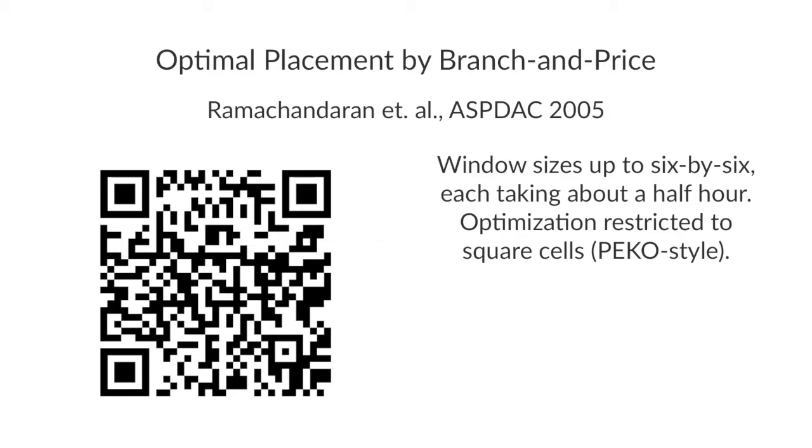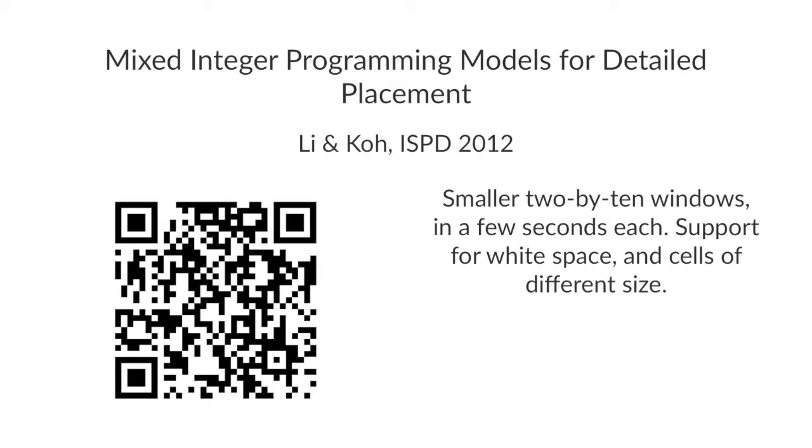In an ASPD paper a few years back, we were able to solve 6x6 windows optimally in about half an hour, but we're restricted to circuits with equal size cells, like the PECO benchmarks. More recent work out of Purdue has been able to handle windows up to 20 cells with varying widths, and with white space, each window typically taking a few seconds or less.